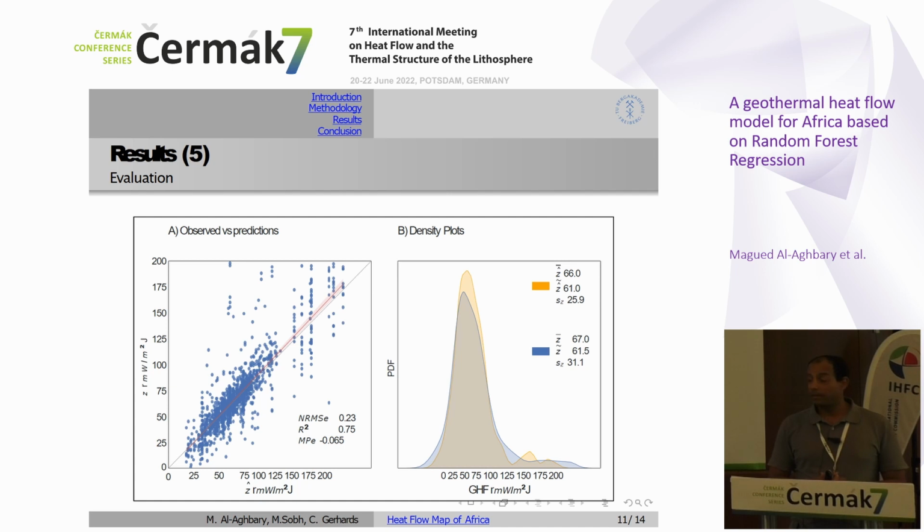The R square is 0.75, and overall our model overestimates the values except for the lower part. It's also evident from subplot B, where it shows that our model overestimates the overall predictions. The uncertainty.